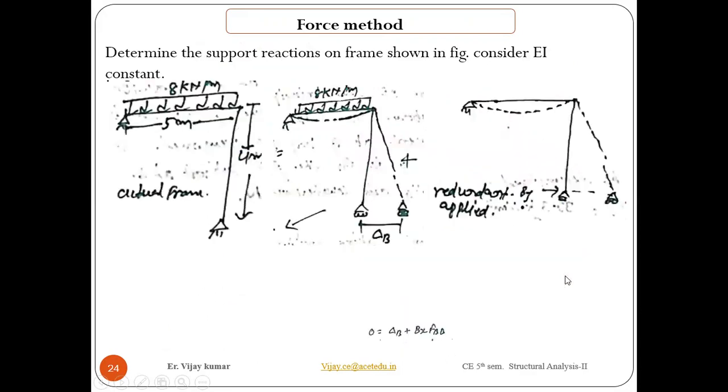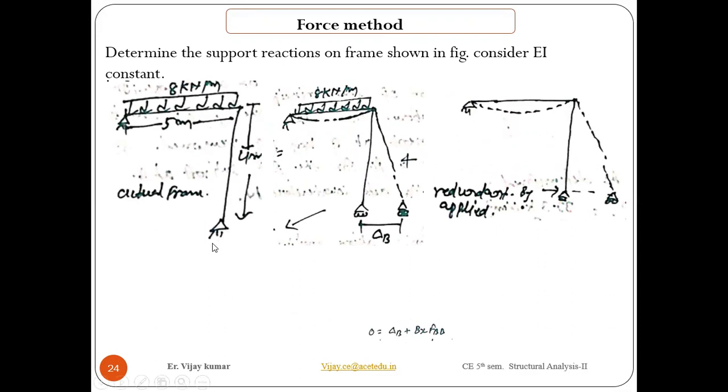Next I'm taking another problem, which is a frame structure, and we will try to solve it by the force method. There is a hinge support and there is also a hinge. To calculate how many redundant forces I have in this case, first of all you need to make the free body diagram.